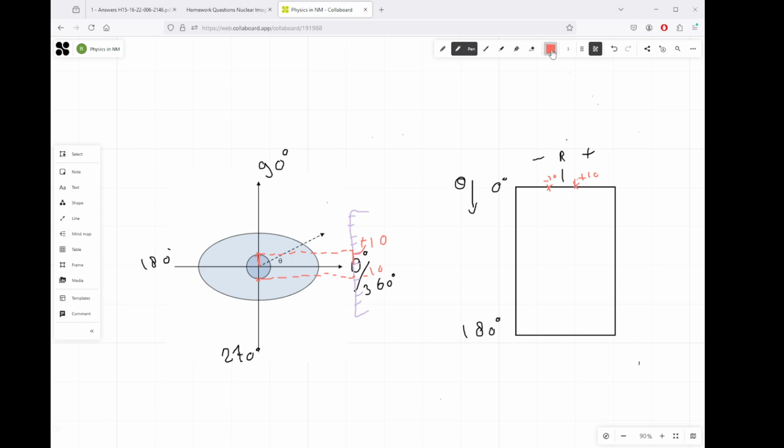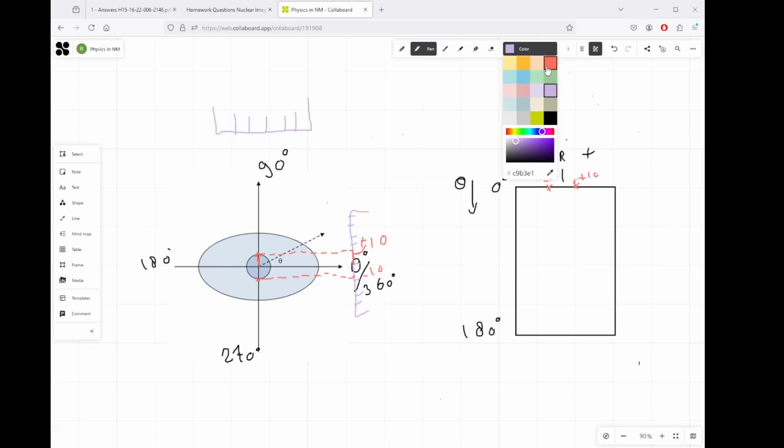Let's do another detector, another projection at 90 degrees. If you look at this object, you might have an idea how it looks, because it is a spherical object centered around the origin. So again, in red here.